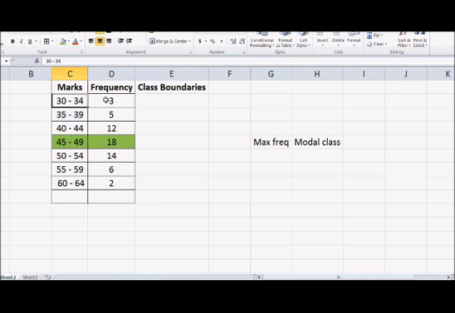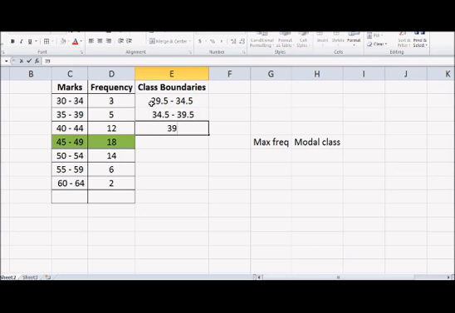So we will have the first class starting from 29.5 and going up to 34.5. The next class would be from 34.5, as we subtract half from the lower value, and that will go up to 39.5 when we add half to the upper value.